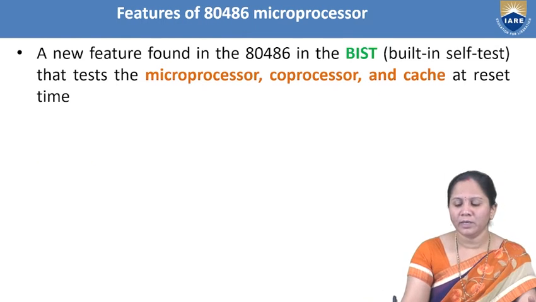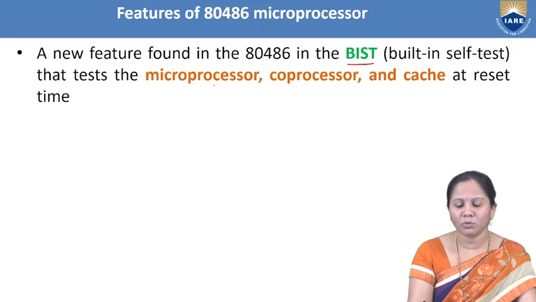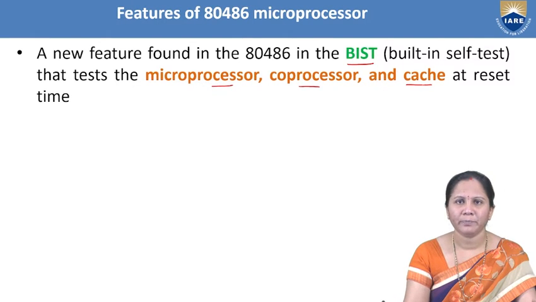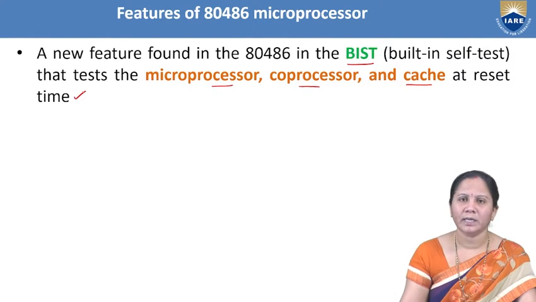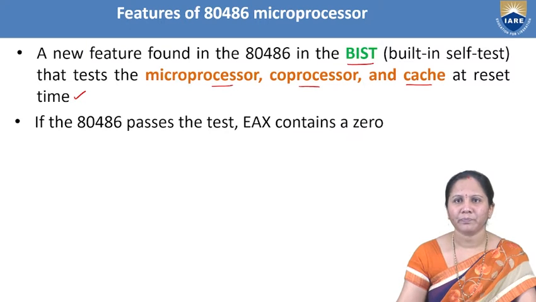Now, built-in self-test means the microprocessor will test itself. What are all the things it is going to test? It is going to check the microprocessor. It also checks the coprocessor that is available inside the 80486, and it also checks the cache unit during reset time. That is the main advantage of having BIST in the 80486 microprocessor.